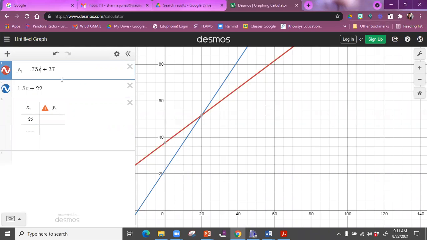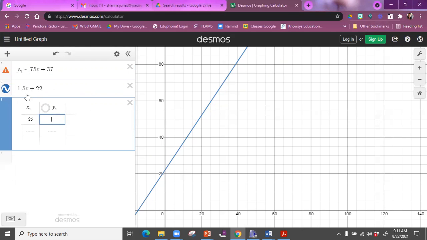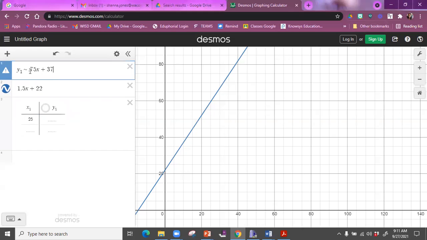I'm trying to remember how to make the Desmos table come up. Oh goodness, I'll have to come back to this. I forgot how to make the Desmos table come up. I don't know how I forgot that because I really don't use it that much. But there's a way to make the table come up and we will go back over it.